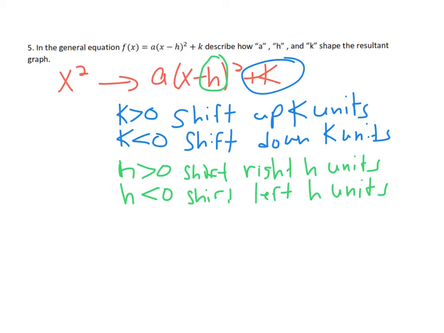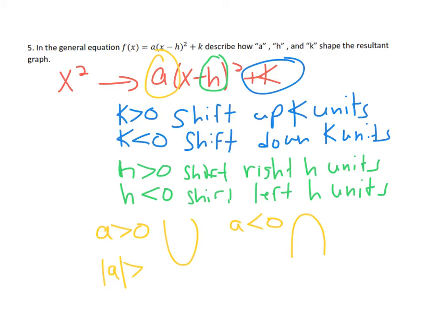And then the last one, if we talk about a, there's a couple things. One, if a is greater than 0, it's going to be concave up. If a is less than 0, it's going to be concave down. But you should also be thinking about the absolute value of a, whether it's positive or negative doesn't matter.